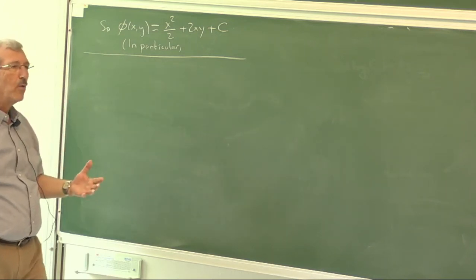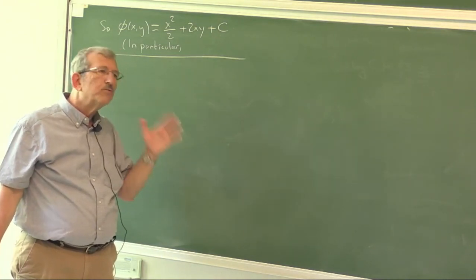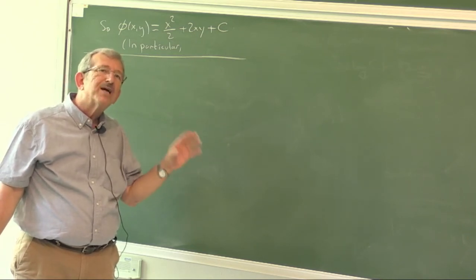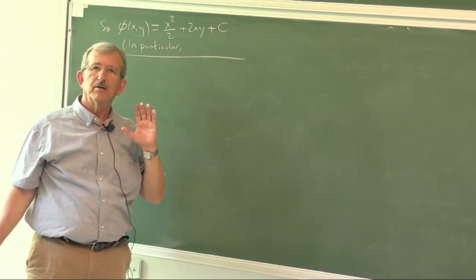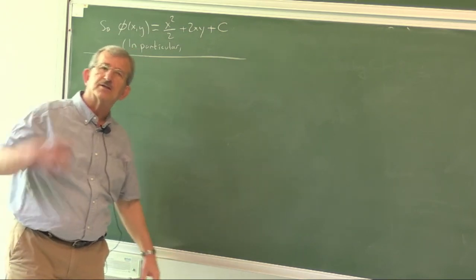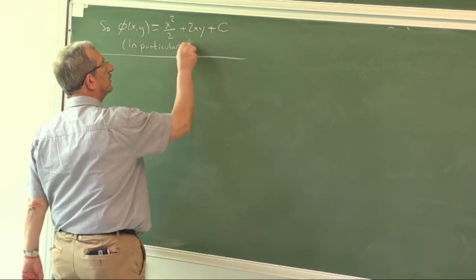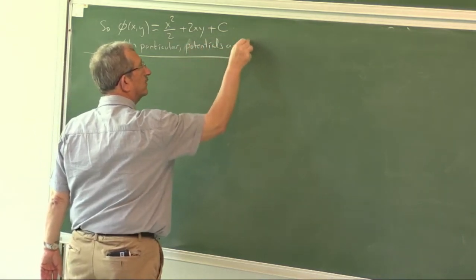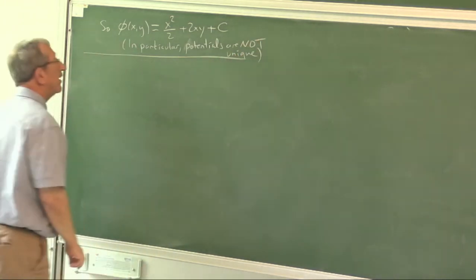That's why one does not talk about an absolute value, a fixed value of a potential, but rather a potential change, namely delta phi. Now, that, of course, makes this constant unimportant. They will cancel each other. Okay. Potentials are not unique. There are infinitely many of them.